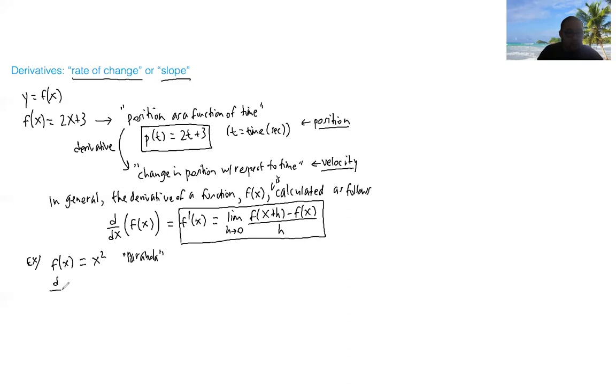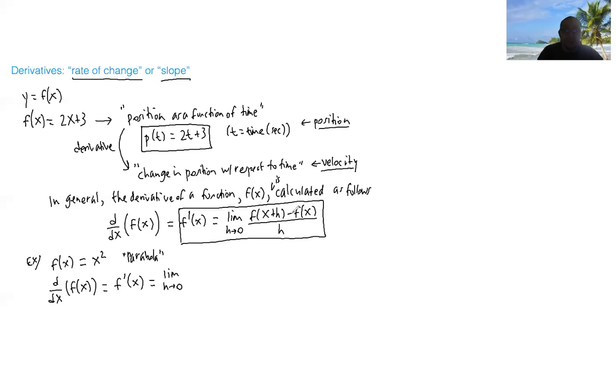And so let's use our definition of a derivative to differentiate this function. So the derivative with respect to x of our function f of x is, and we'll just write the shorthand notation here, and you can select whichever notation you like, equal to the limit as h approaches 0. This top part, f of x plus h.